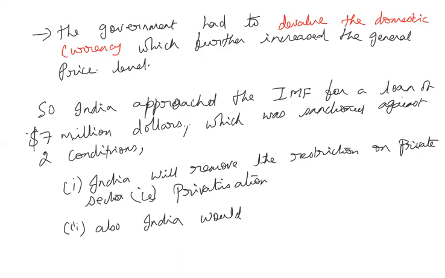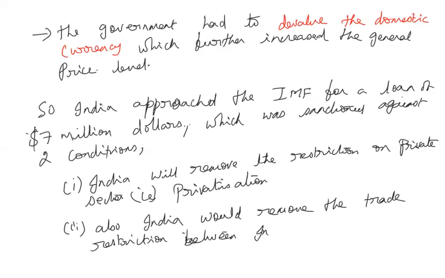So also India would remove the trade restrictions between India and foreign countries. So many restrictions were there at that point of time. India was supposed to remove all those restrictions. So that is what is the globalization.